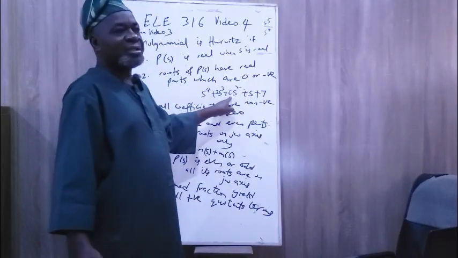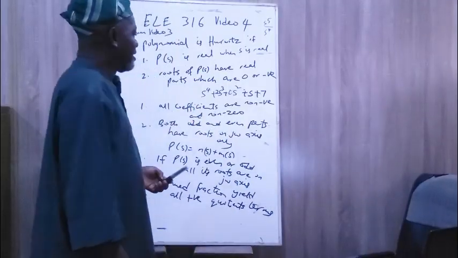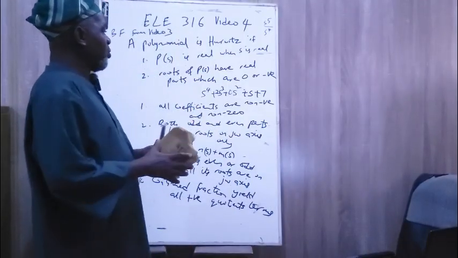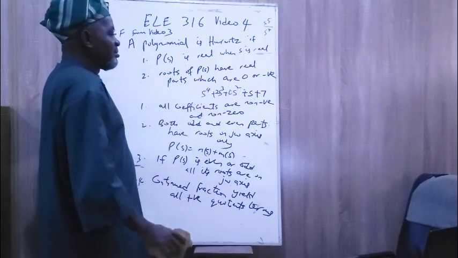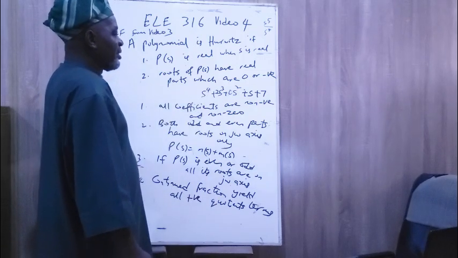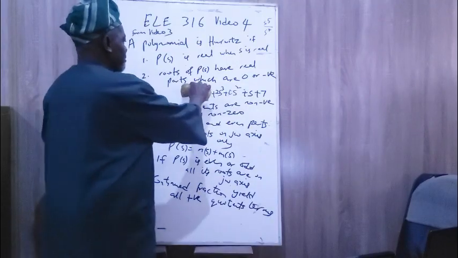One of the coefficients is 0. So for that reason, this is also not Hurwitz. So get it very well. All the coefficients must not be negative. All the coefficients must not be 0.